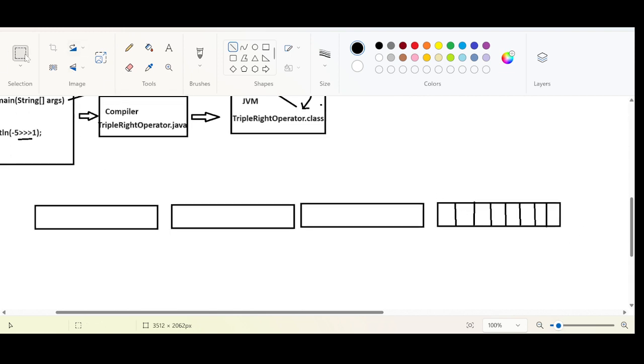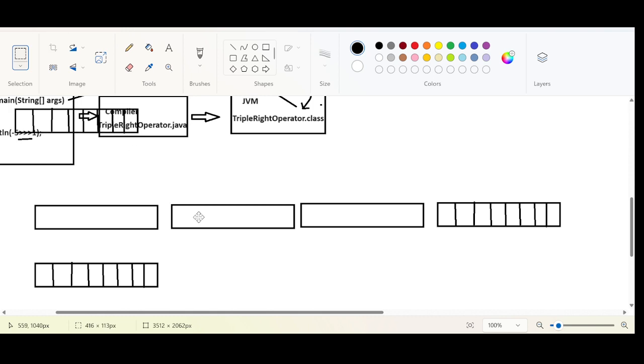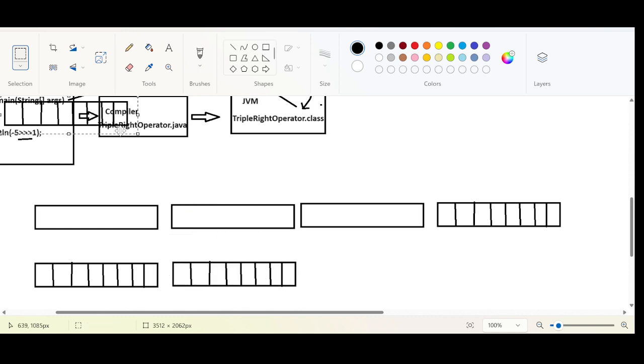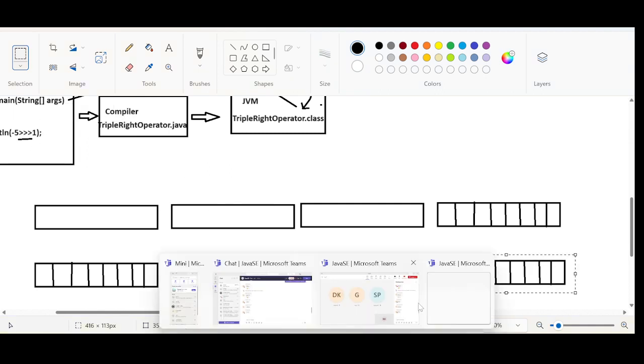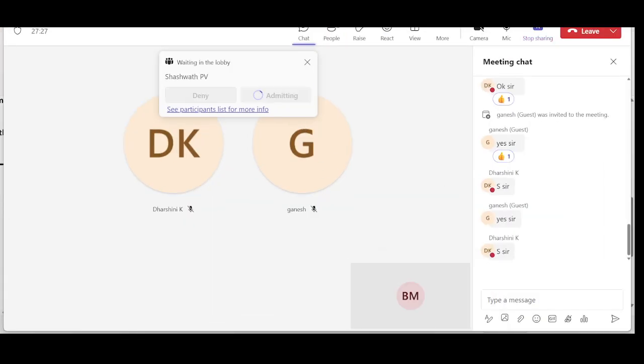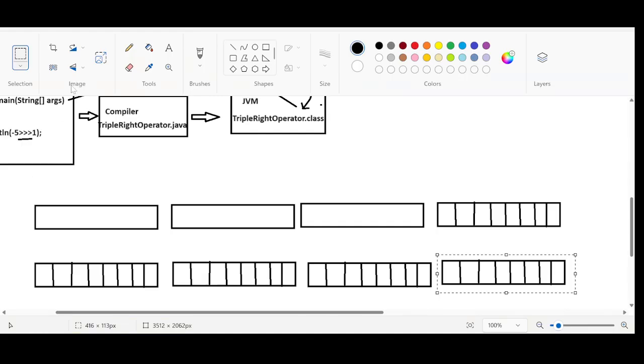So instead of doing this, I can do it like this. So a collection of 8 bits.